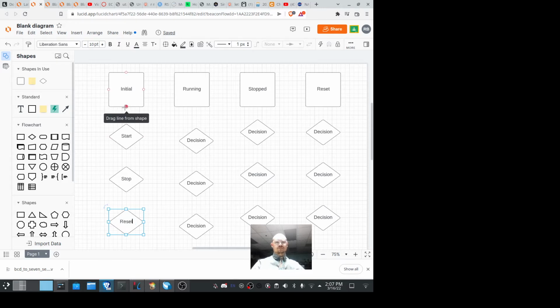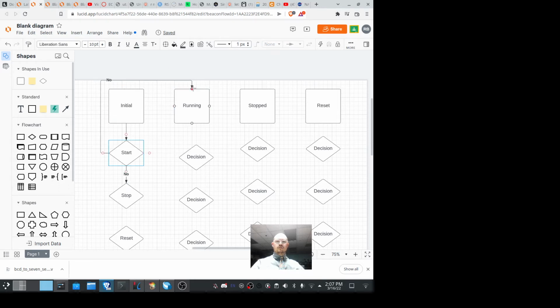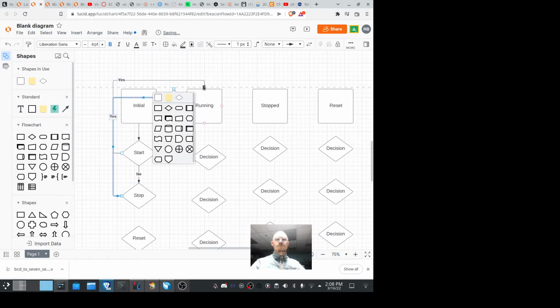So from initial, if we start, where do we go? Running, yep. Otherwise, we may be stopped. If that's the case, actually, here, I'm going to go around the other side. It's going to make things a little bit cleaner, I think. Running. That should be yes, not no. That's why I need a mouse.